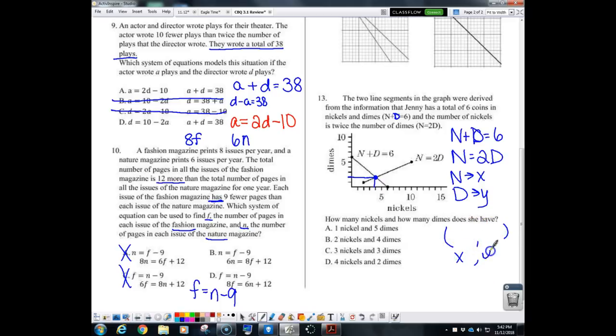This is X, this is Y, and then the nickels is actually X and the dimes is Y, okay? But this graph technically gives you the answer right here. You just have to know what that number is. That's how many nickels she has, and this number right here, that's how many dimes she has, and so it's one of those right there.